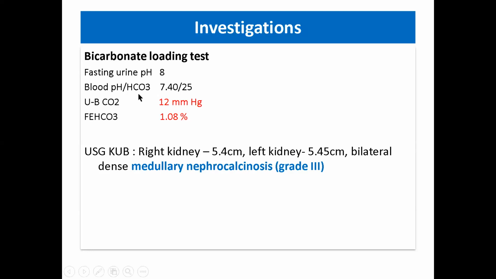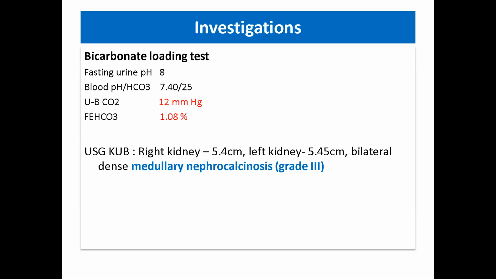Also on bicarb loading, when we did a fractional excretion of bicarb, it came out to be within normal range. So less than 5% is normal, and our child had a normal fractional excretion of bicarb. Whereas in a proximal renal tubular acidosis, where reabsorption of bicarb is not being done and whole of the bicarb is secreted in the urine, if you give a bicarb loading, the excretion crosses 15 to 20%.